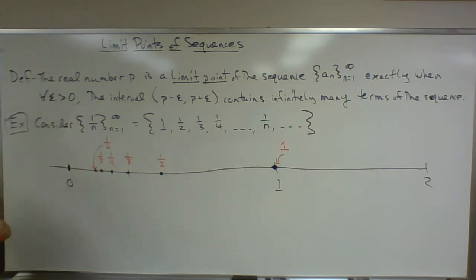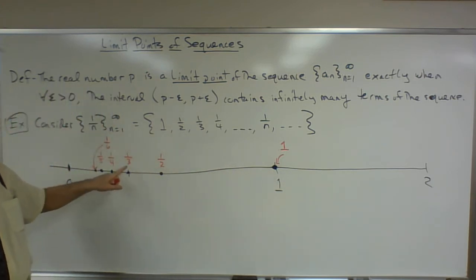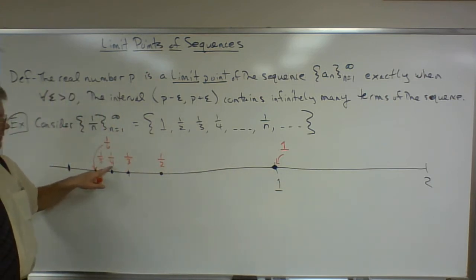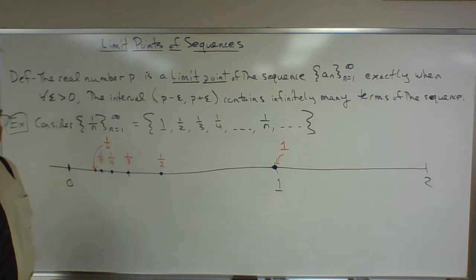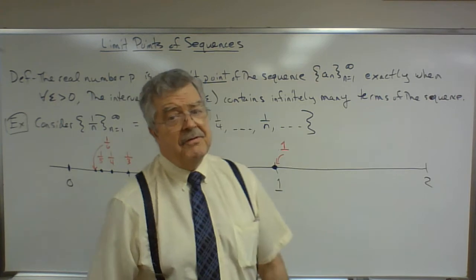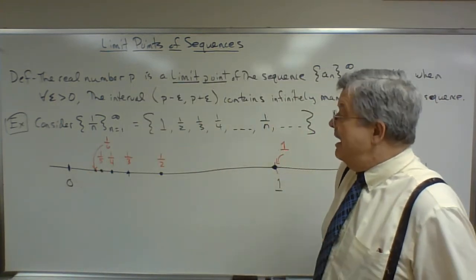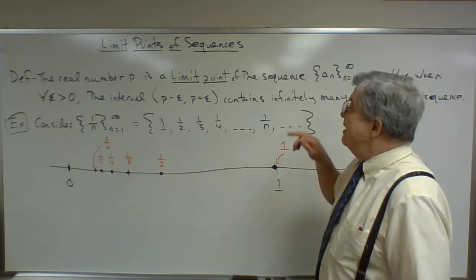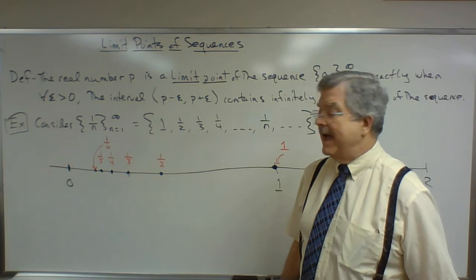And notice that these terms, again, are getting successively closer to 0. Here's the first term, here's the second term, here's the third term, here's the fourth term, here's the fifth term, here's the sixth term. And so first of all, we're going to look at this sequence and say, you know what? This sequence converges to 0. We're sure of that.